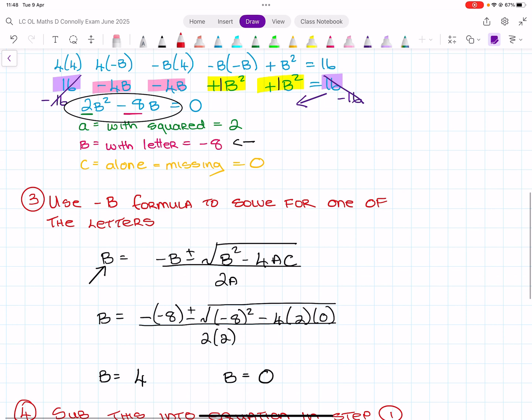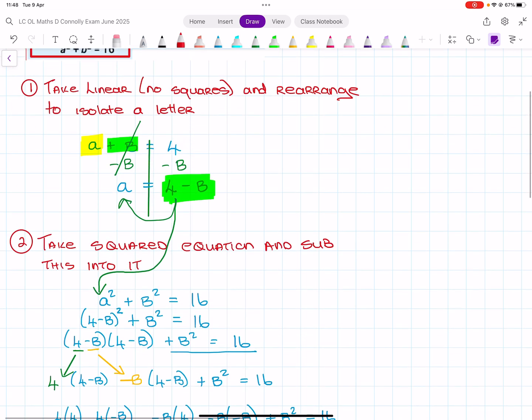So I'm going to go back up here and I'm going to rob this equation. Hang on, bear with me. Now, where do I put it? Sorry, give me a second. Put it here.